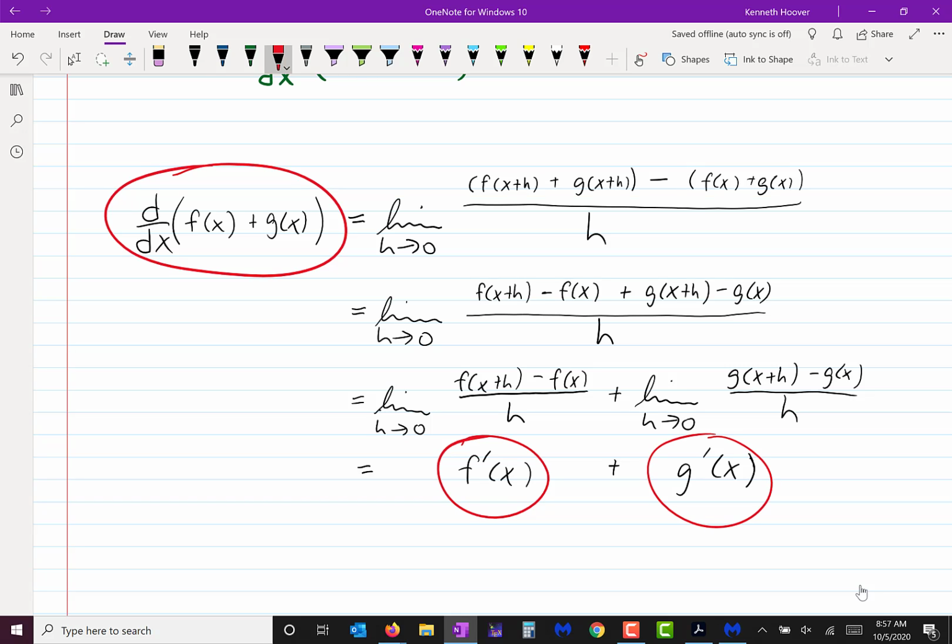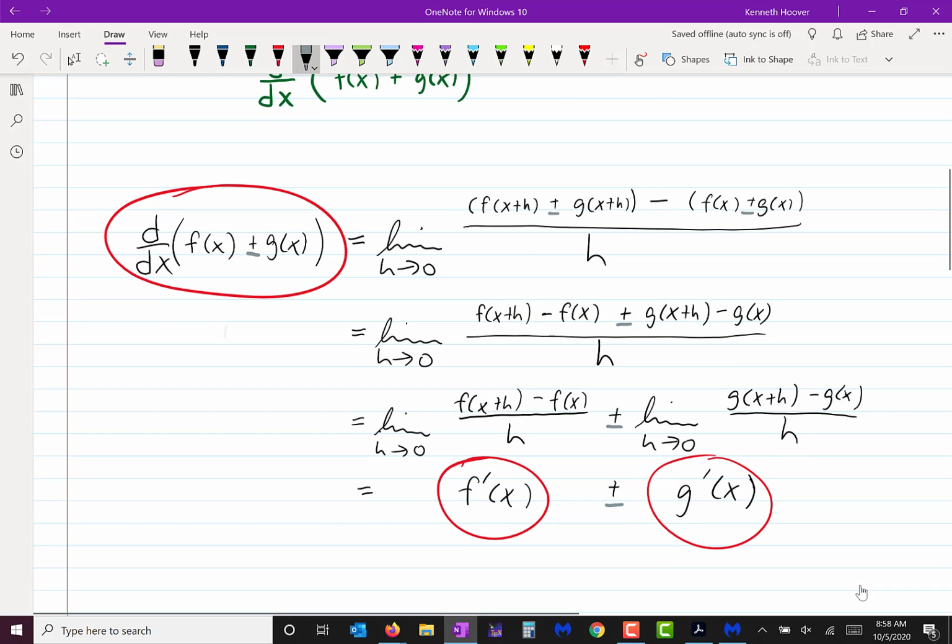And that same thing would have worked if it was minus. The only difference is these two pluses would have been minuses, which means this plus in the middle would have been a minus, and that would carry down. So the derivative of f of x minus g of x is the derivative of f minus the derivative of g.